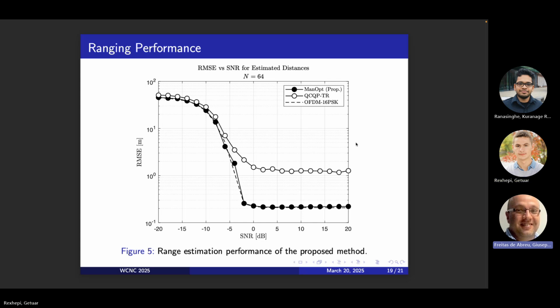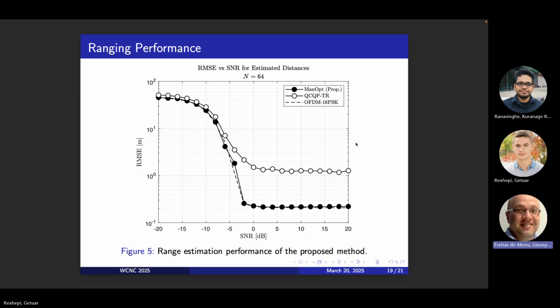The root of my question is the following: of course, if you're using OFDM 16 PSK, you are sacrificing bit error rate in favor of having the optimum sensing performance, right? Because you are forcing your system to work with a modulation that is quite crowded, and everybody knows that for a range of SNRs, it would be better to use 16 QAM.